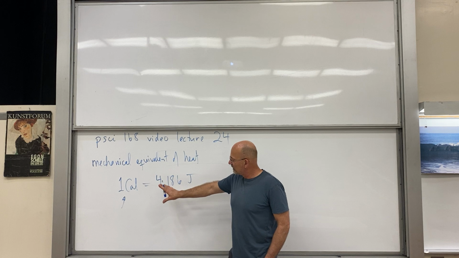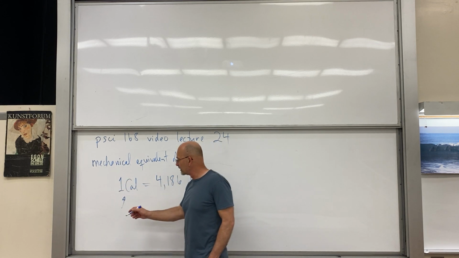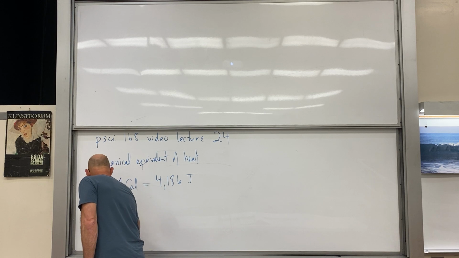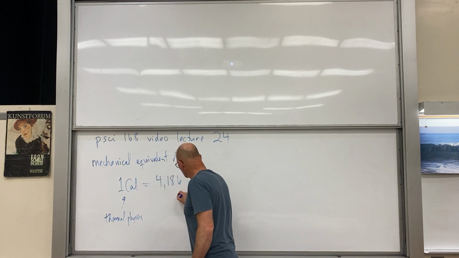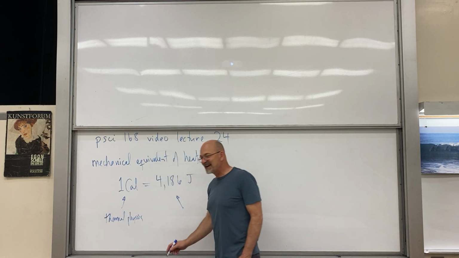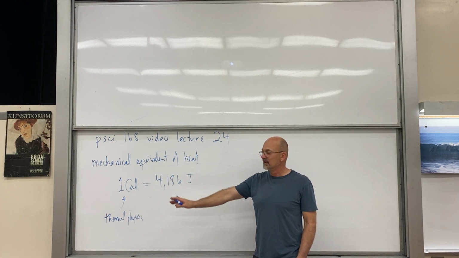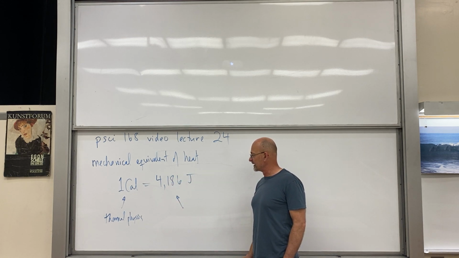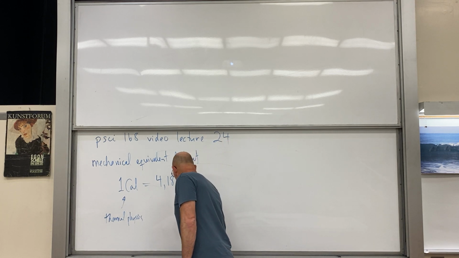But this side here refers to everything we learned when we were talking about thermal physics. So this is the thermal physics side. And this here is the mechanics side. Remember, we call our subject mechanics, and forces, work, energy, etc. So over here is mechanics.